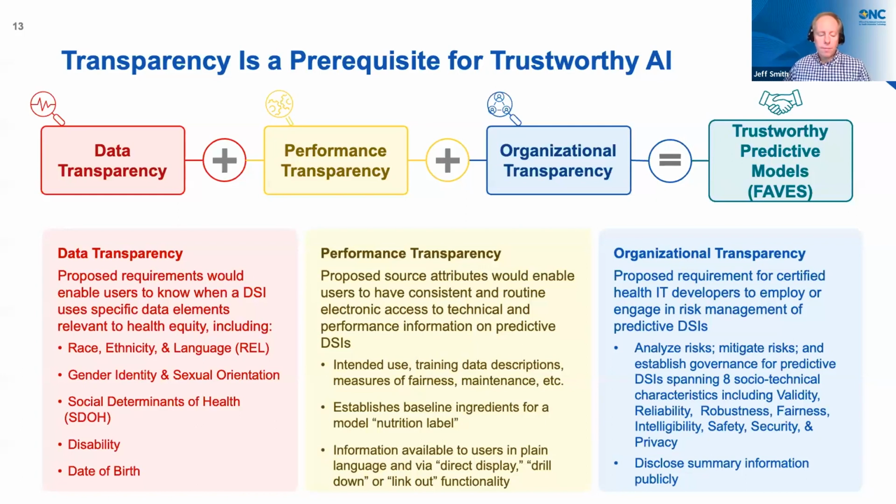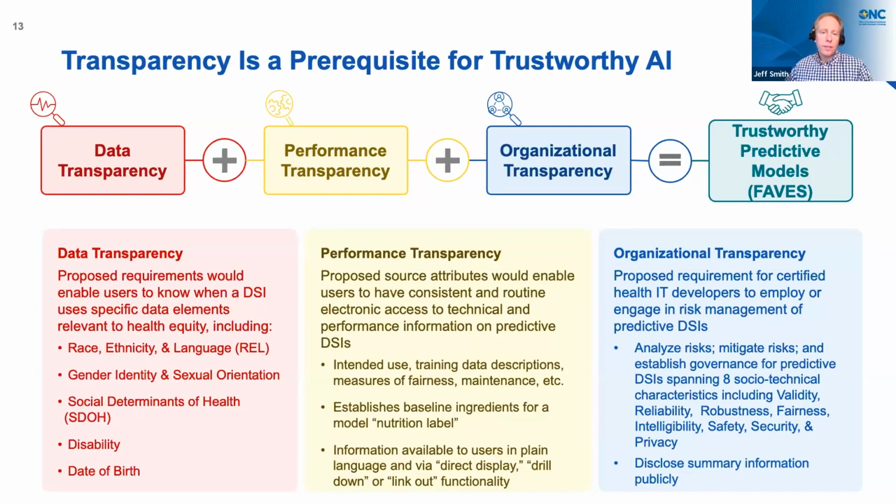When we look across sectors at how other industries do this, the financial sector is, I think, a really good example of an oversight and regulatory paradigm that puts a lot of emphasis on post-deployment. And they do this through risk management. Obviously, the FDA is working on developing policies, but they're of a similar mind in terms of focusing on how do we ensure that these technologies remain safe and effective after they're deployed.